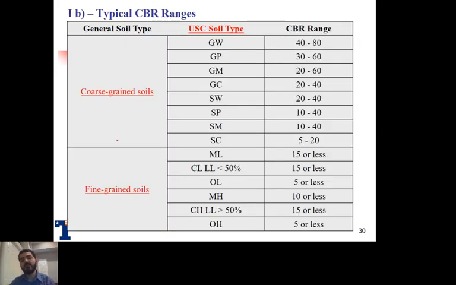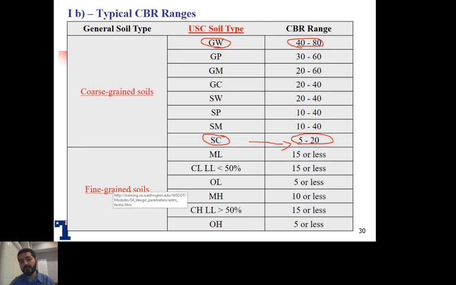This is here just to give you an idea of the CBR range that we typically use depending on the soil type. So if we have a coarse-grained, well-graded soil, we have a CBR value that can range from 40 to 80. If we have very silty clay, which is one of the worst case scenarios, you can have a CBR as low as 5 to 20, which is very weak material.